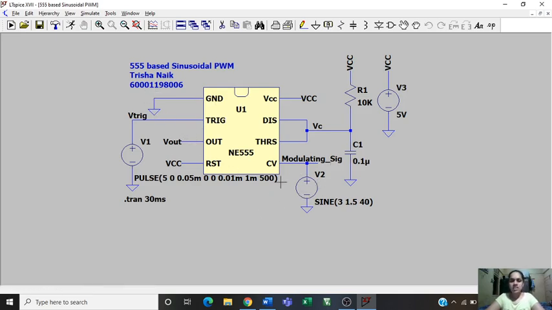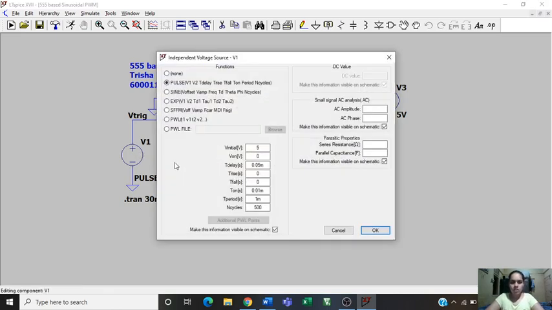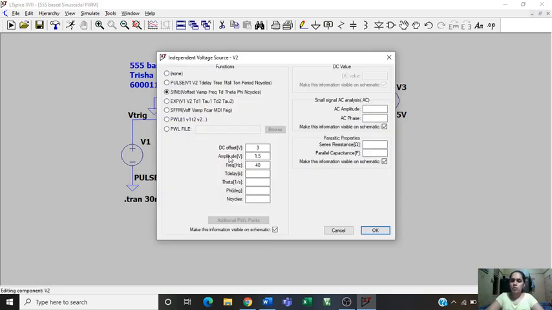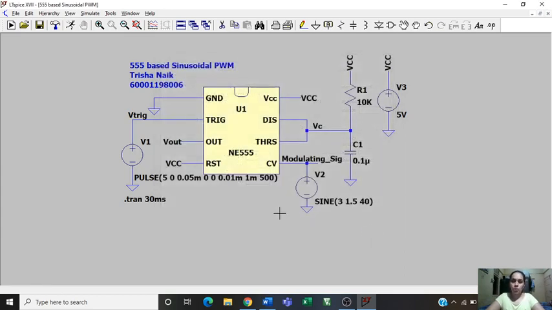The modulating signal is given as a sine wave, and VC or control voltage is where I have my resistor and the capacitor. These are the values for the various parameters which I have given. The sine wave has an amplitude of 1.5 volt and a frequency of 40 Hz, which is quite low.